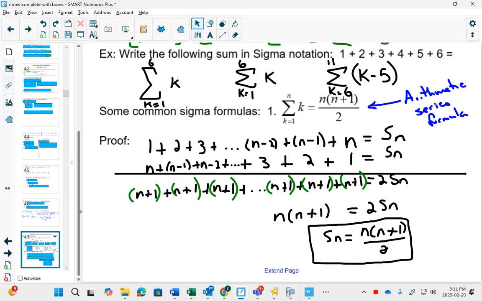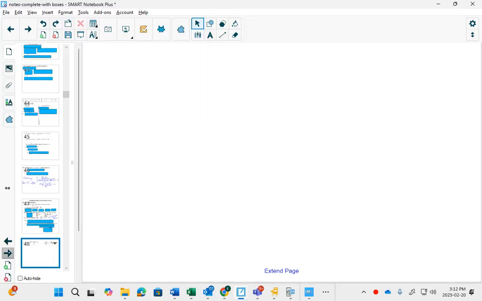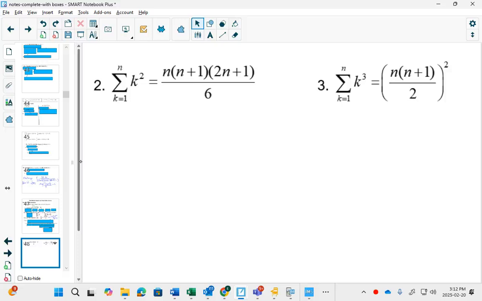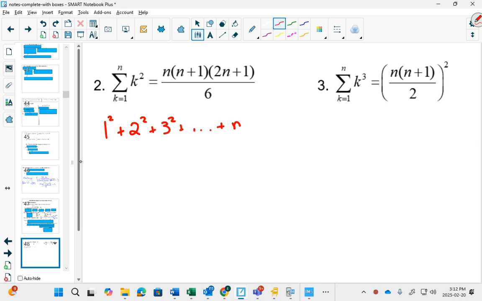And underneath that formula are 2 other crazy formulas. Crazy formula number 1. This is like adding 1 squared plus 2 squared plus 3 squared, dot, dot, until we got to n squared for any number.